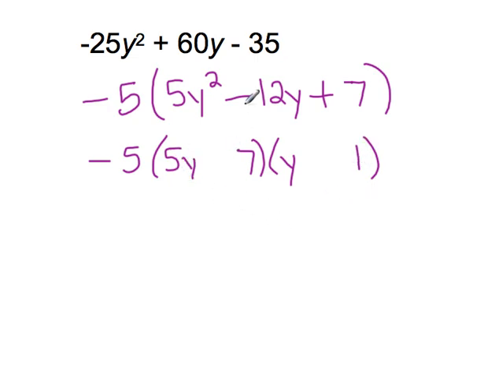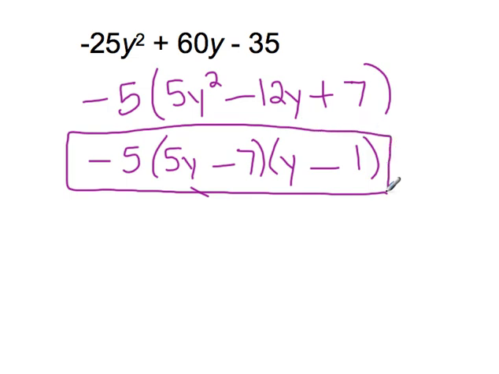So if I want a negative 12, I've got to have negative 7y and negative 5y. So that gives me the negative 12 in the middle. Negative 7 times negative 1 is positive 7. So that would be my final factorization for that expression.